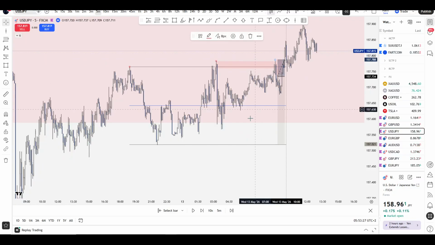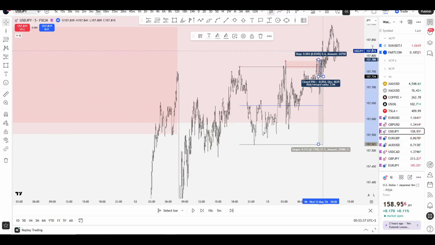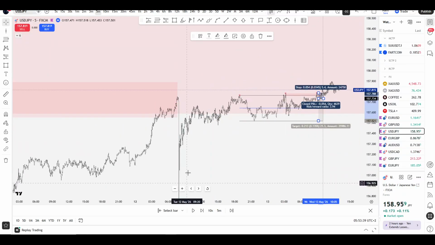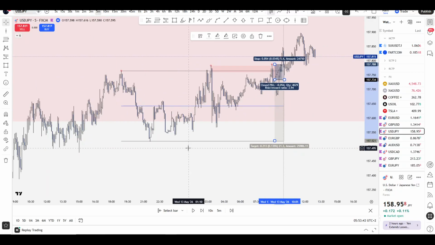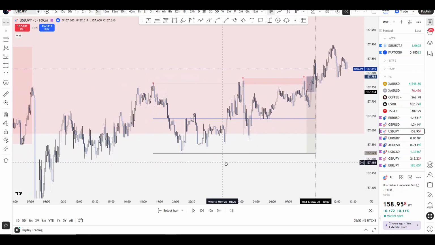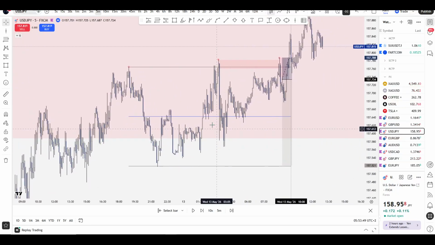I don't like to trade high time frame Forex pairs, because they tend to move a bit slower, even if this price action here does not look slow. But in Forex I really like to scalp and enter the trade and be done.